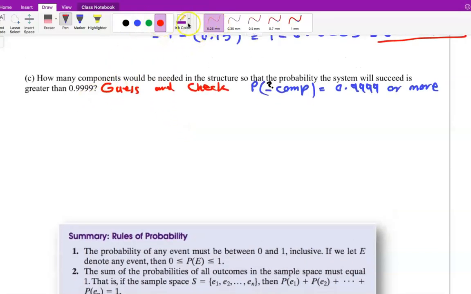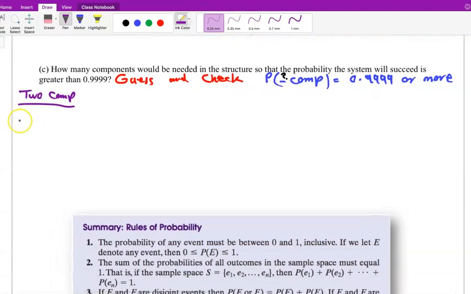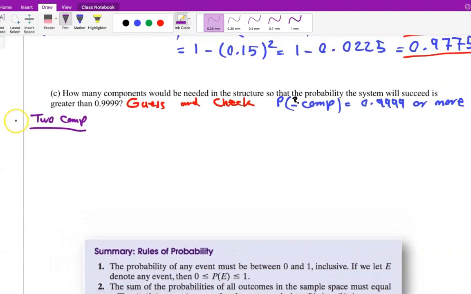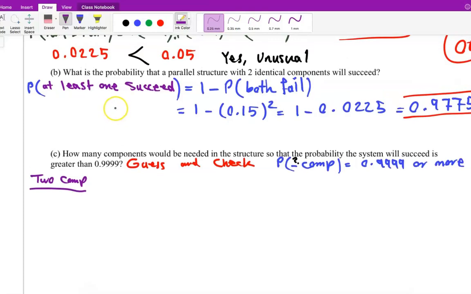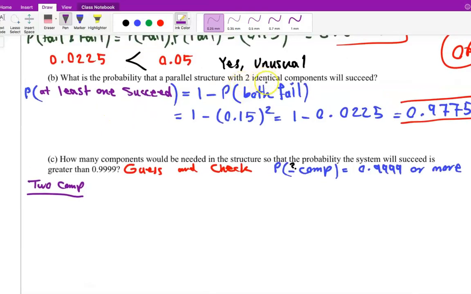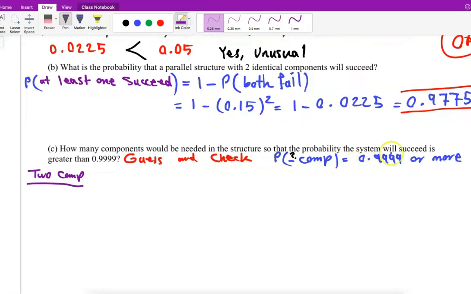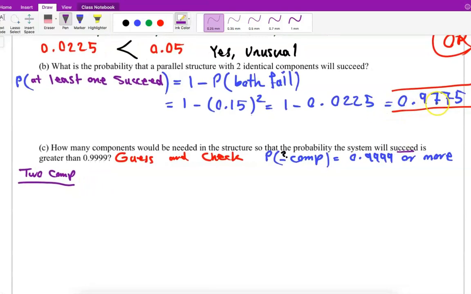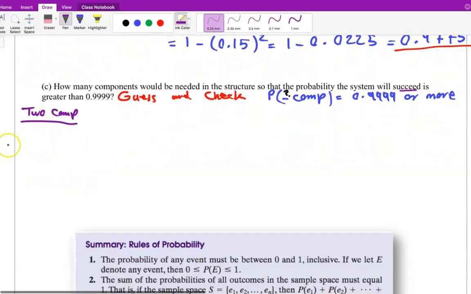So starting here with 2 components. We already know the answer for that part. Here is 2 identical components will succeed. So for 2 components succeed, we had 0.9775. We already know the answer from part B.